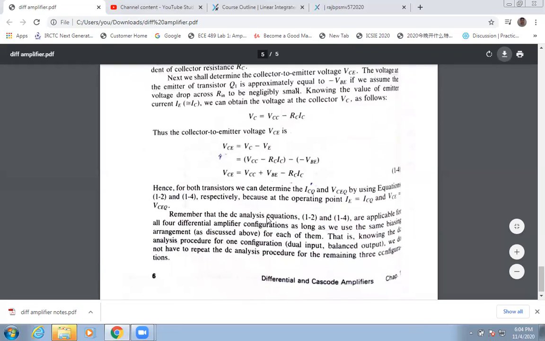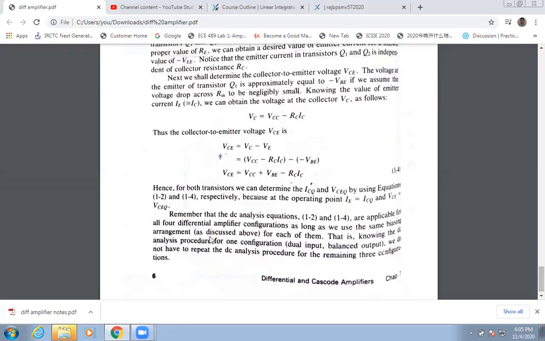Remember that the DC analysis equations 1.2 and 1.4 are applicable for all the four differential amplifier configurations as long as we use the same biasing arrangement as discussed. In this case, we are using emitter biasing arrangement.